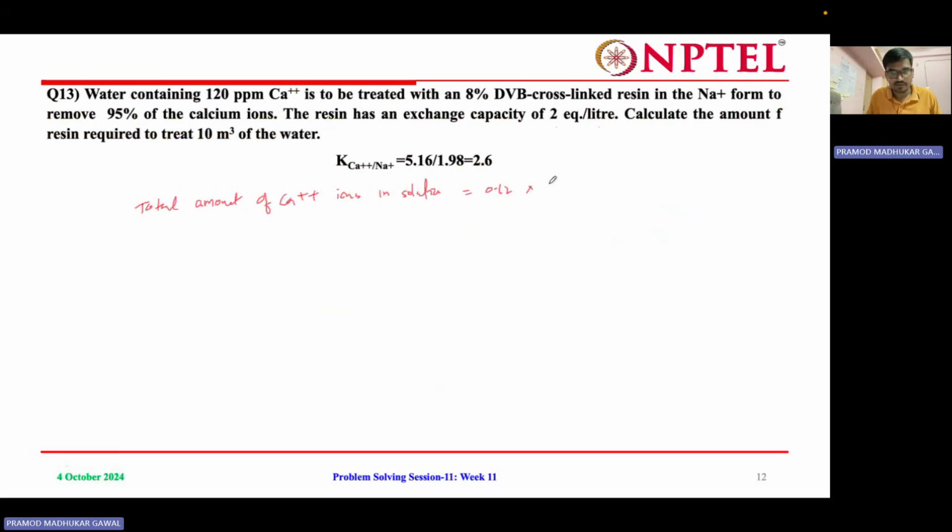So that's 10 to the power 4 liters. So 1200 gram.